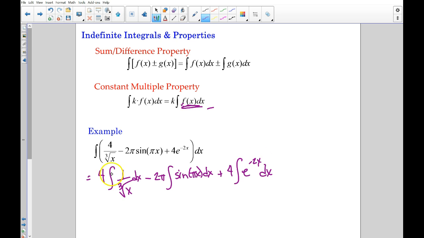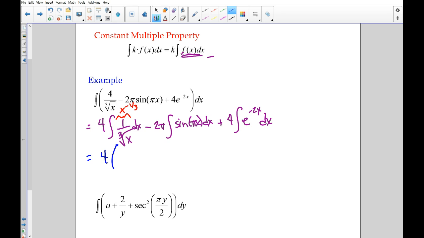Finding the antiderivative of each of these pieces, the first I can express as x to the minus 1/3 power. So it's going to be 4 parentheses, and then the antiderivative of x to the minus 1/3, so I have to increase the power by 1 and divide by the power. I'd normally add a constant, but I'm going to add only one constant at the end because I'd add them all up anyway.